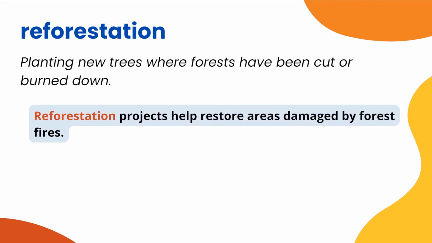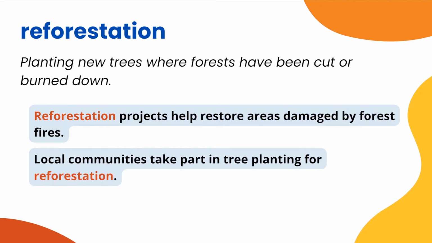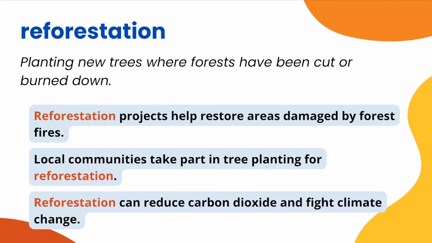Reforestation projects help restore areas damaged by forest fires. Local communities take part in tree planting for reforestation. Reforestation can reduce carbon dioxide and fight climate change. So reforestation projects, similar to conservation projects which we had earlier.